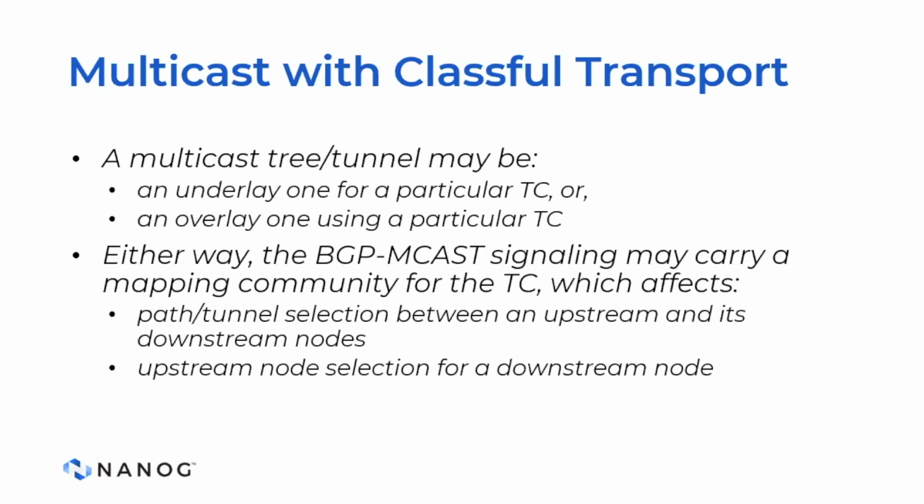Either way, when we use BGP-MCAST signaling, the BGP messages can carry a mapping community for the transport class, and that will affect the selection of paths or tunnels between an upstream and its downstream nodes. It could also affect the selection of the upstream node on a downstream node.